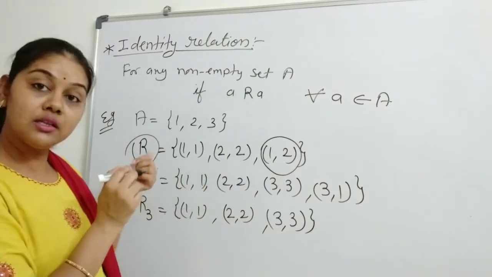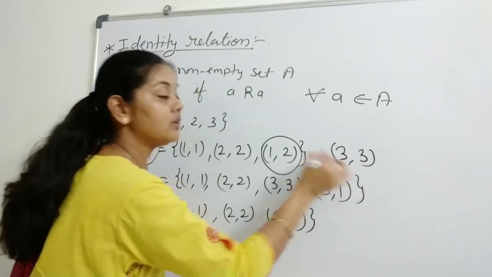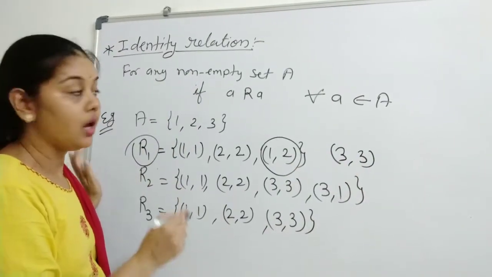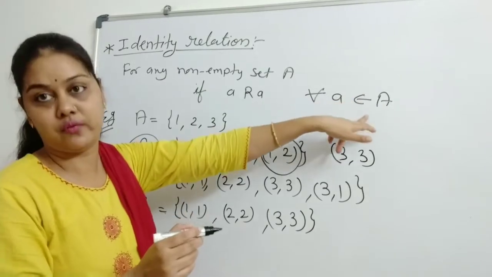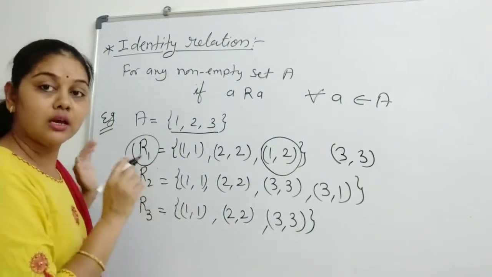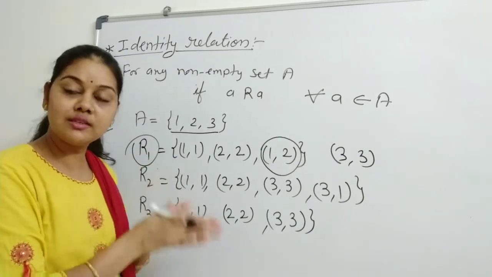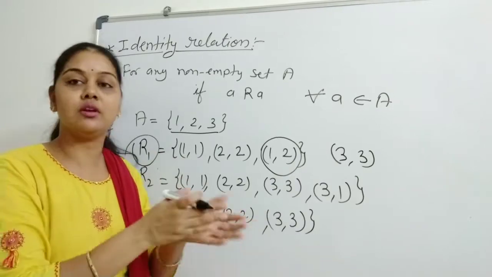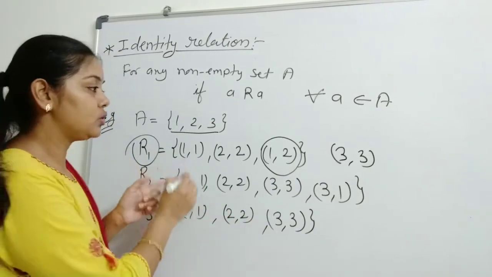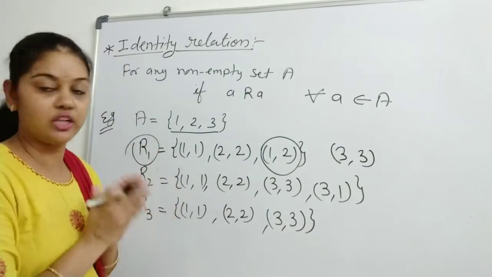And again, in this relation, we are also not having 3 is related with 3. I am saying that for every element of A, there should be an element in R such that A itself is related with A. So here we don't have 3 and 3, so it is not an identity relation.